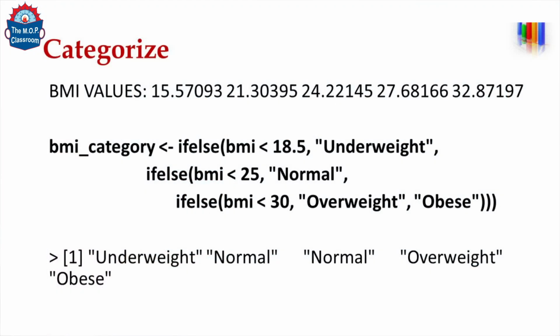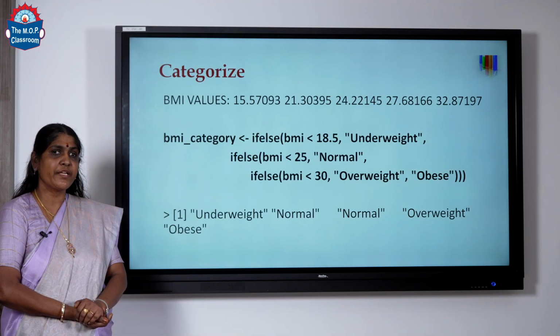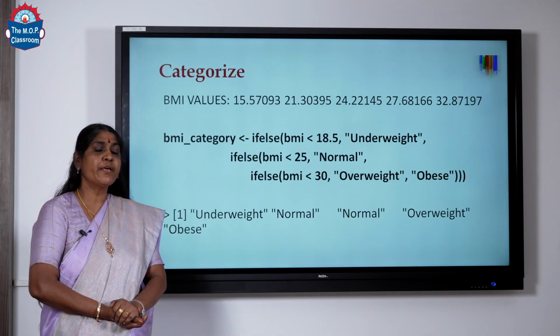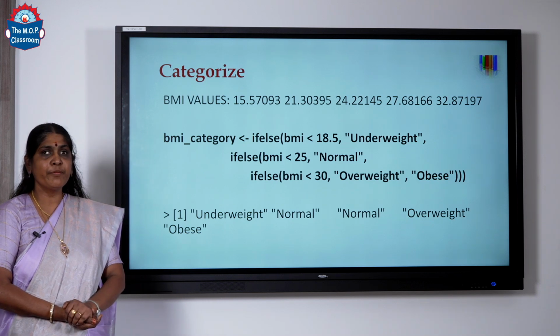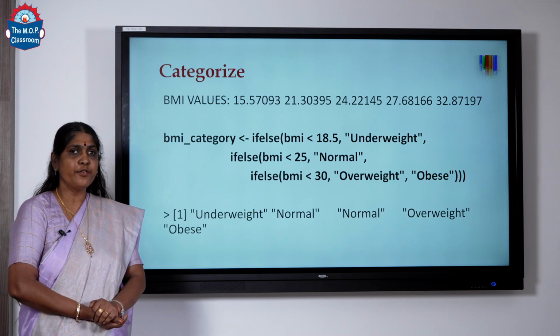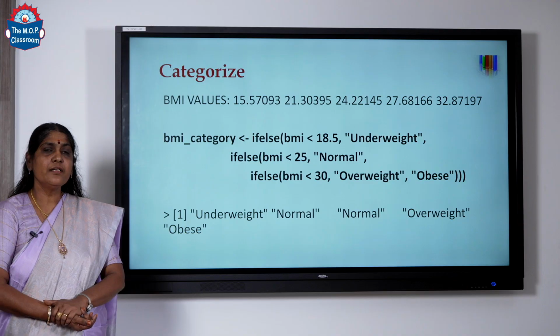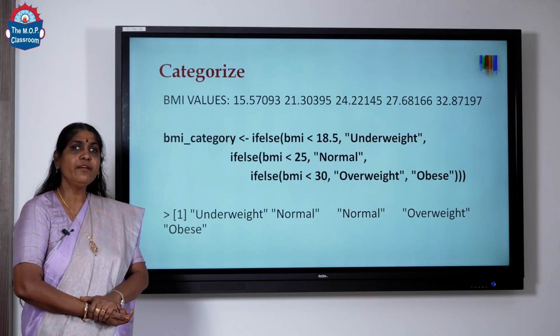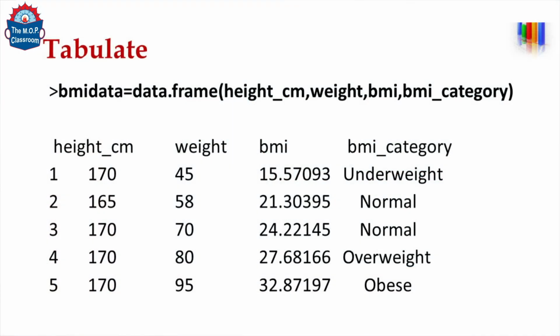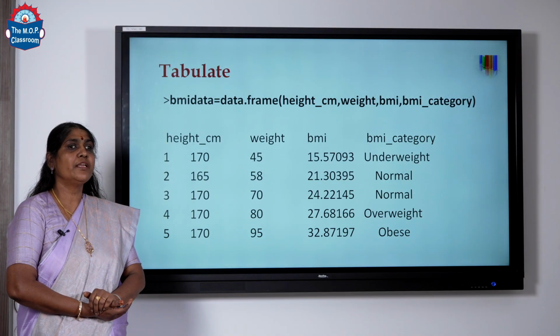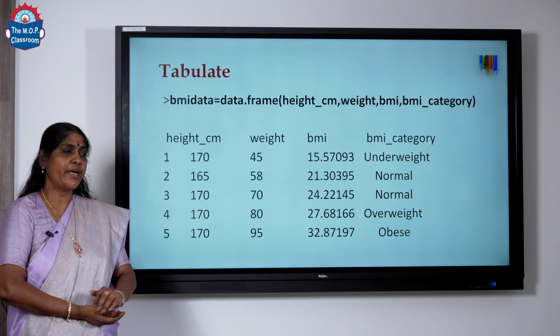Now, the BMI vector is taken and categorized using an if-else statement into underweight, normal, overweight and obese, and the results are stored in a vector called BMI category. The set of vectors can be tabulated using a data frame to show the information in a tabulated manner.